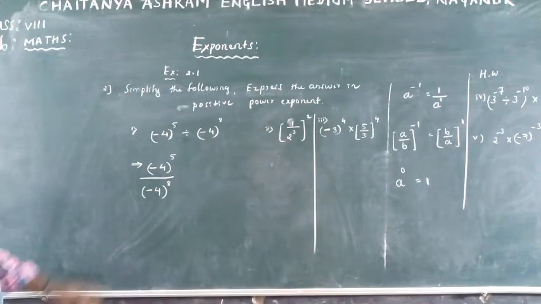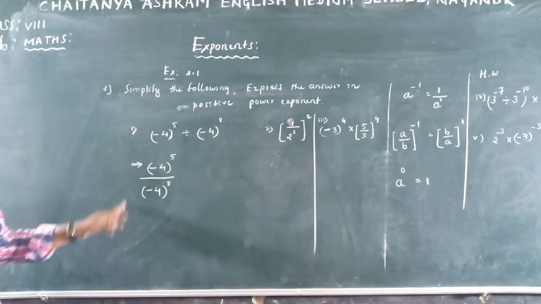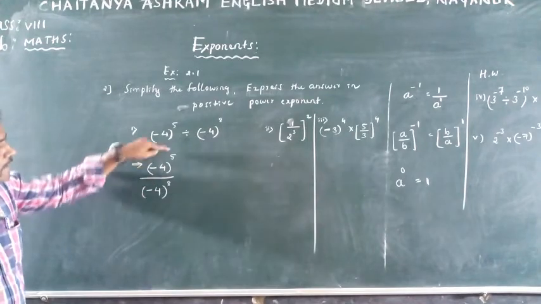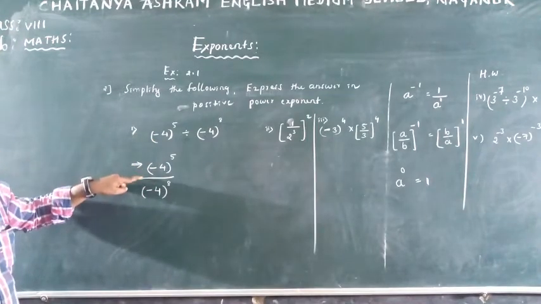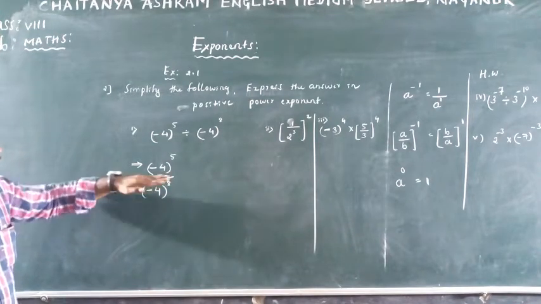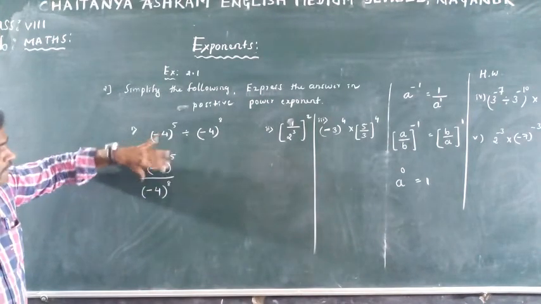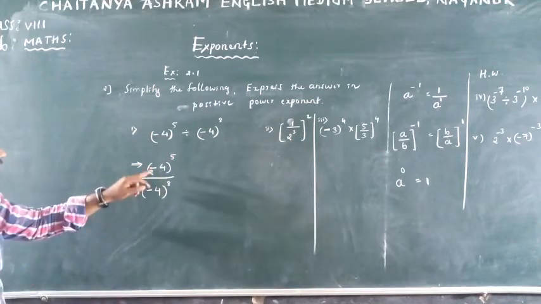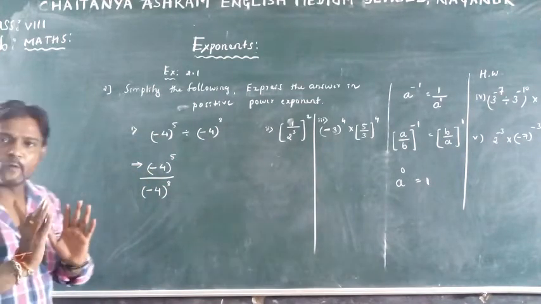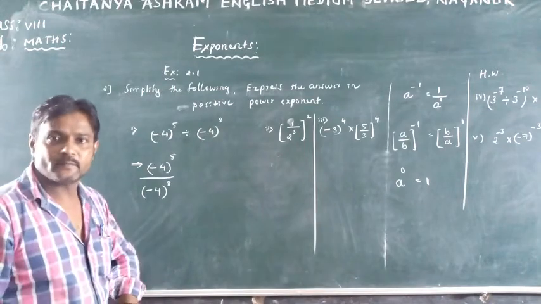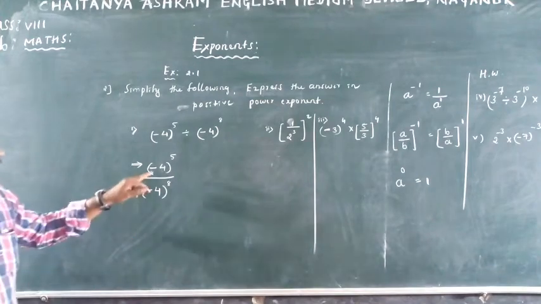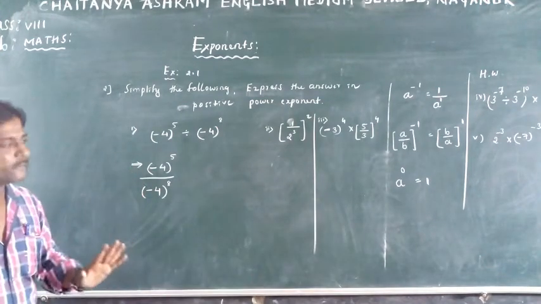So now this is of the form a raised to m divided by a raised to n. So this is division of two exponents having same base. Yes or no? Then by the second law of exponents, how to divide one exponent by another exponent, when both have the same base?